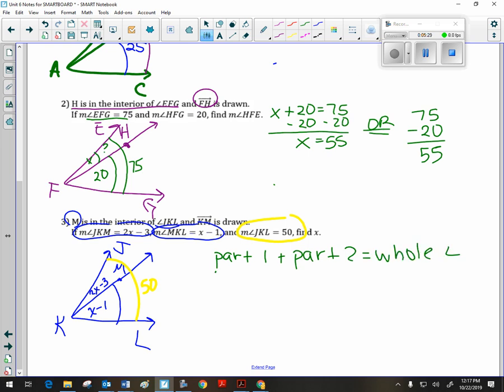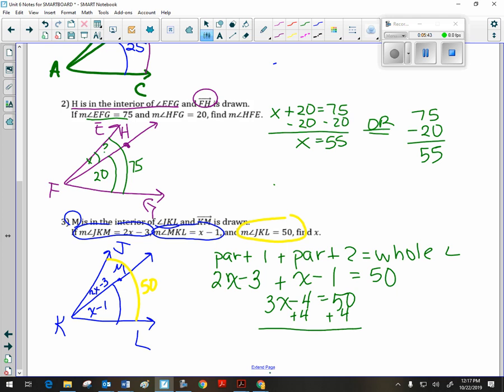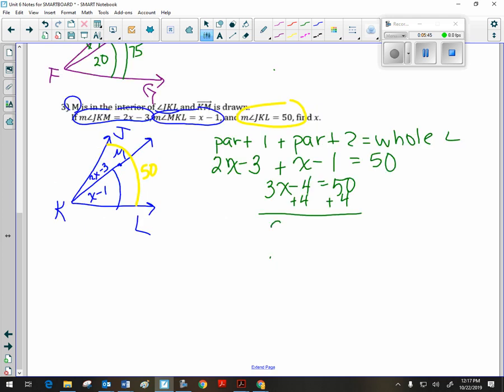So the one part is 2x minus 3, the other part x minus 1, and we know the whole angle is 50. When I do the math, I end up getting that x is 18, which is what they were asking for.